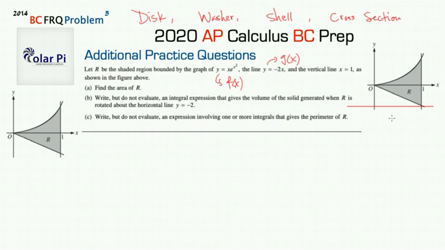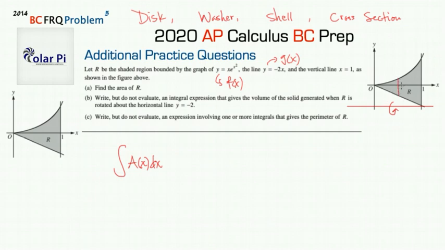Here, since there's a gap between the axis of rotation and the region, we know it's going to be washer. You should know when to use shell, and disk is when there's no gap between the axis of rotation and the region. And cross sections, I'll just briefly mention, is just A of x dx, and they'd have to say the phrase cross section, because they'll tell you what the cross-section has to look like.